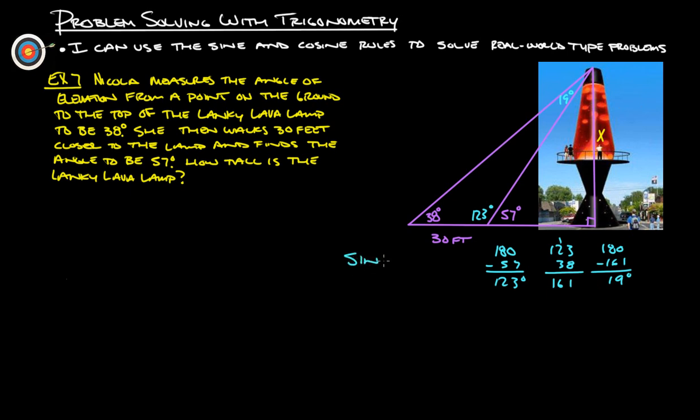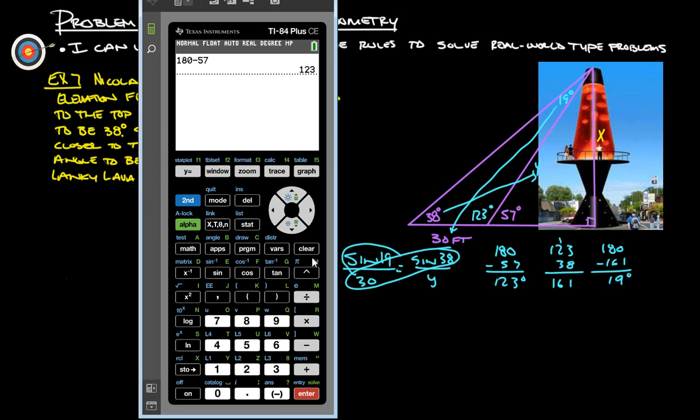We'll do sine of 19 over 30 is going to have to equal sine 38 over, we can't call it x, we've got to call it, say, y, or something like that. So equals sine 38 over y. So this times this, divide by that, right?